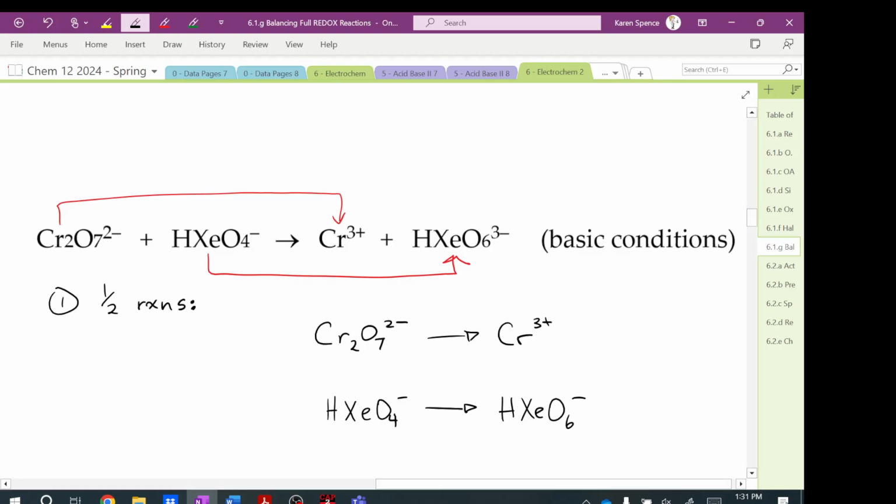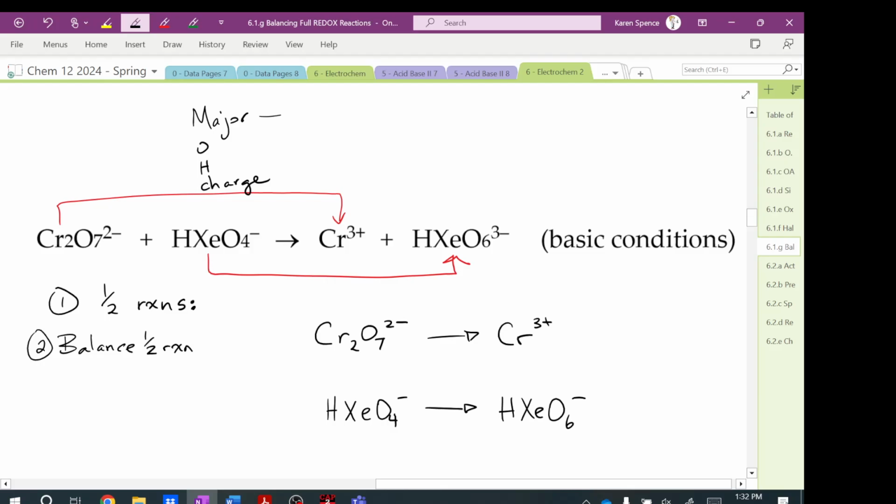Split into half reactions, what's step 2? Balance the half reactions. Do you remember the steps for balancing half reactions? Major, O, H, charge. Okay, so major, O, H, charge.